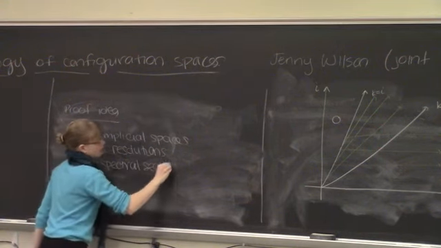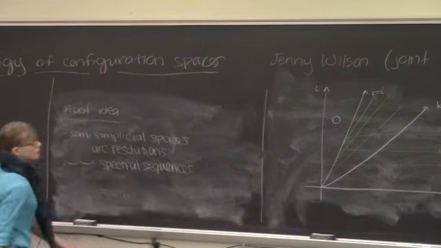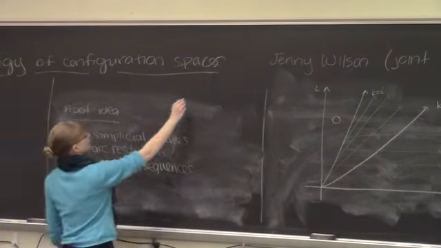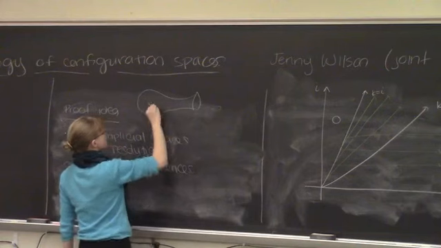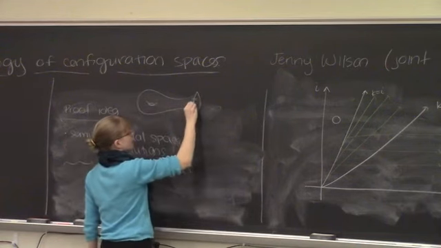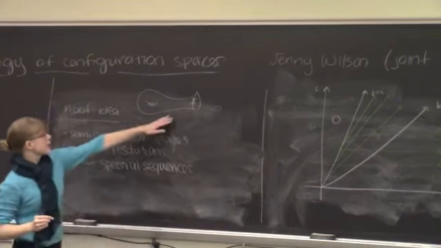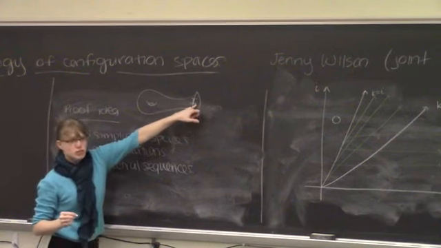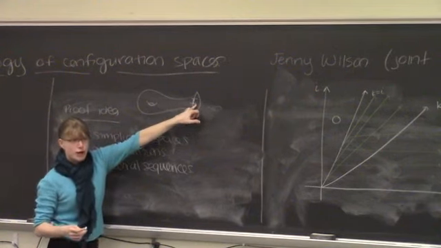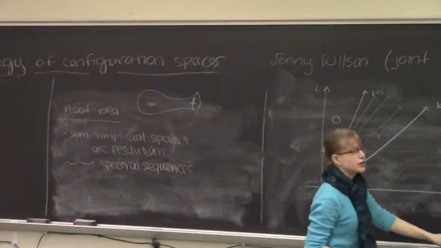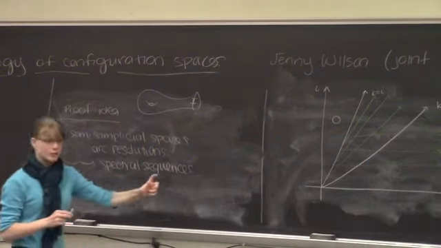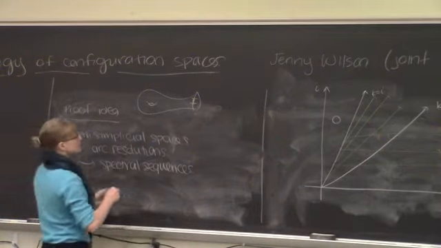The picture of the arc resolution is that a p-simplex is built as follows. I start by taking my manifold and I choose an interval in the boundary. Regardless of the dimension of my manifold, I always choose a one-dimensional interval in the boundary.